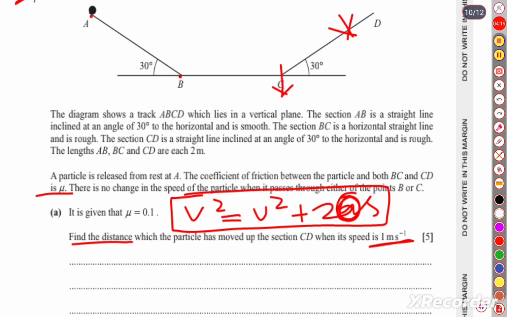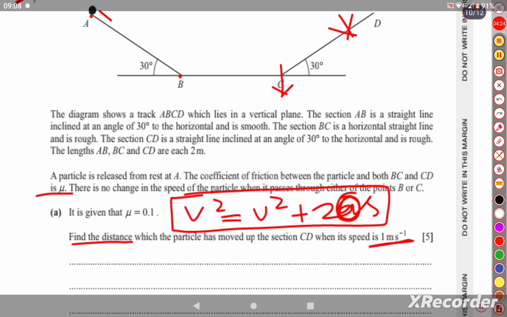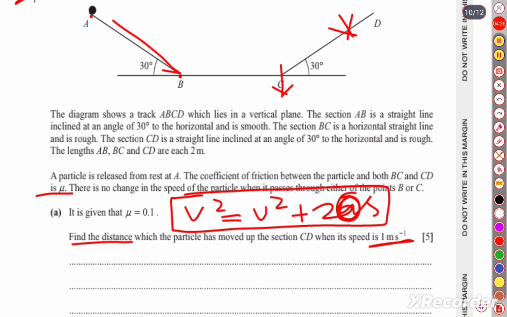So for the surface AB, first of all, we will find acceleration. For acceleration, the most widely used concept is Newton's law of motion: driving force minus resistance force is equal to mass into acceleration. So let's start with the surface AB.